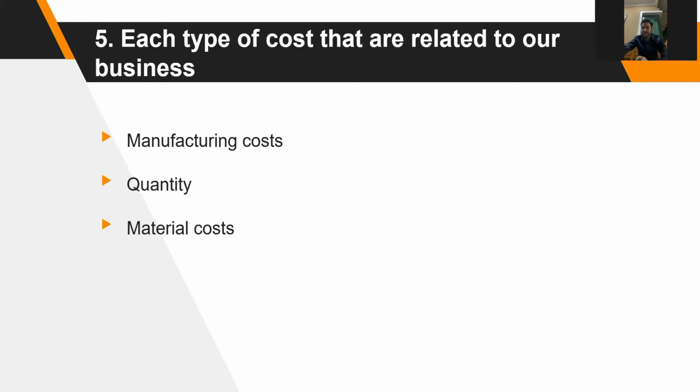Next, I'm going to explain each type of cost that is related to our business. First is the manufacturing cost. This is the main costing factor, for which a large part of our capital will be spent.